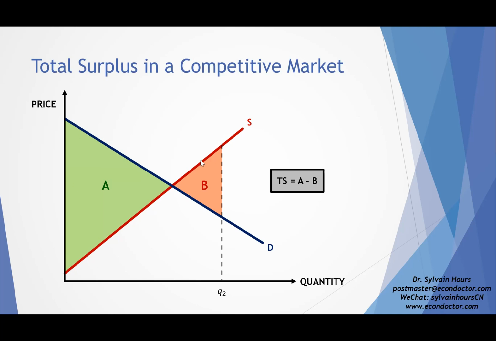Why is this negative? Because the supply is above the demand in that case, which means, let me talk about it in terms of marginal cost and benefit, that the marginal cost is greater than the marginal benefit. So if we produce units of a good or service such that it costs more to produce than the benefit of consumption, well, in that case, your total surplus is going to decrease, okay?